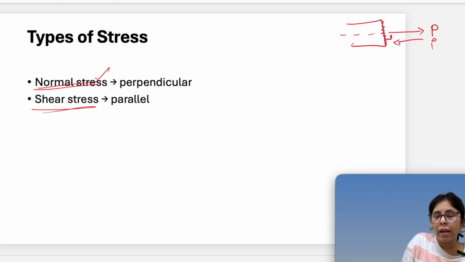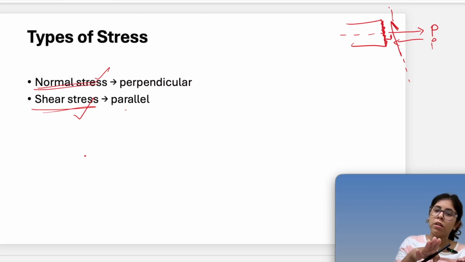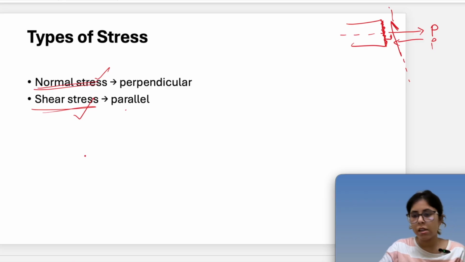Okay, and there can be some forces like the sliding force or shear force. If the cross-sectional area and line of action of the force are parallel to each other, we'll be calling it shear stress. So shear stress is parallel to the cross-sectional area, and normal stress is generated normal to the cross-sectional area.